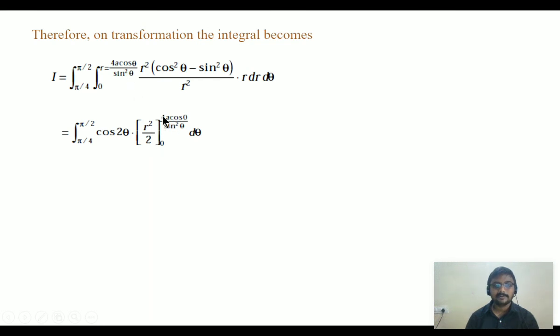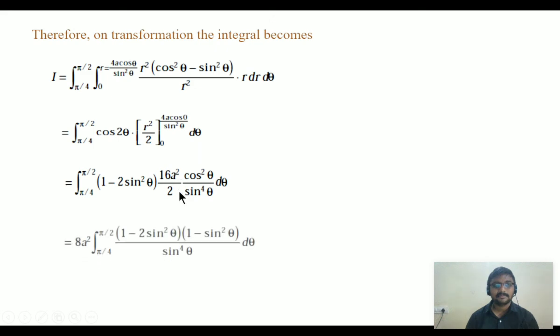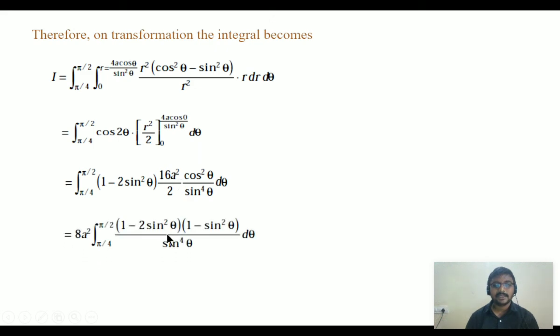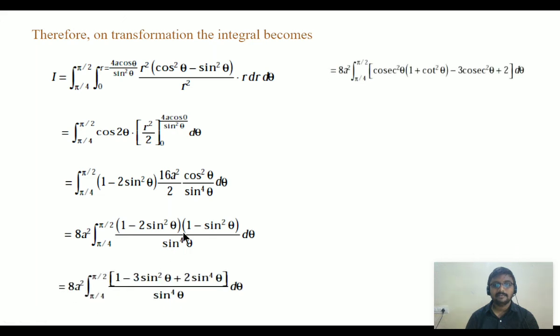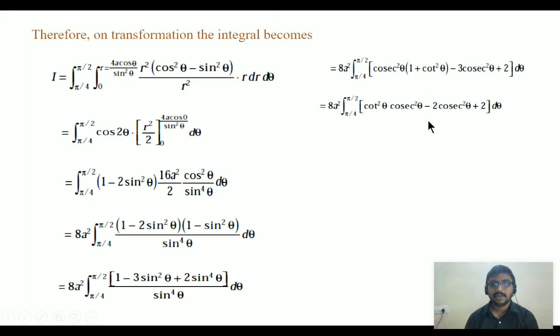Substituting the upper limit 4a cos theta by sin square theta and the lower limit 0, we get this. Clearly the double integration now becomes a single integration. Evaluating the single integration and simplifying in a few steps, we have cot square theta into cosecant square theta minus 2 cosecant square theta plus 2, into d theta. Now evaluating this integral.